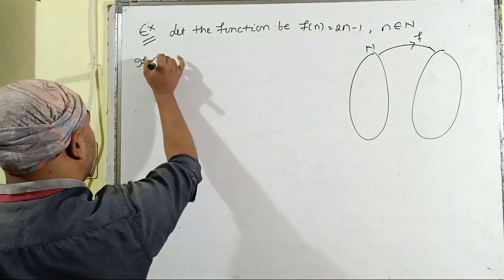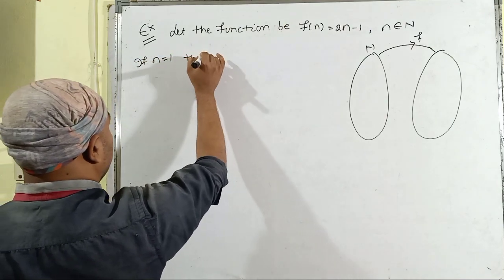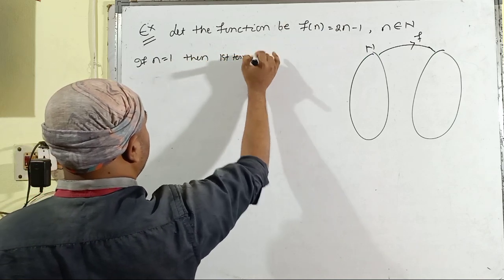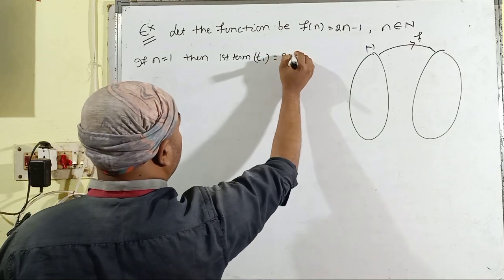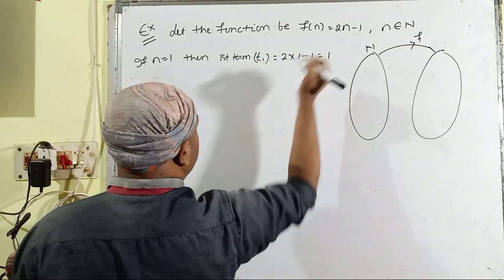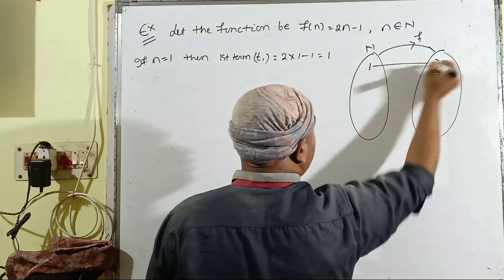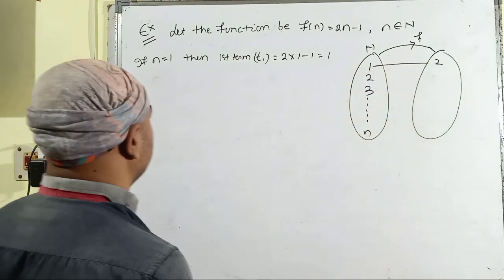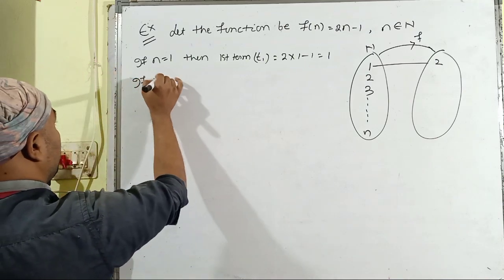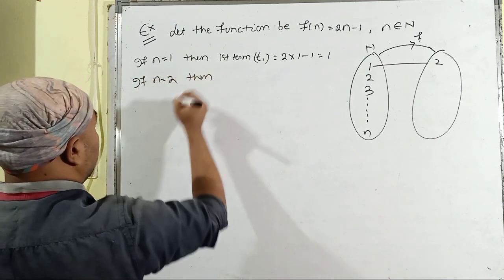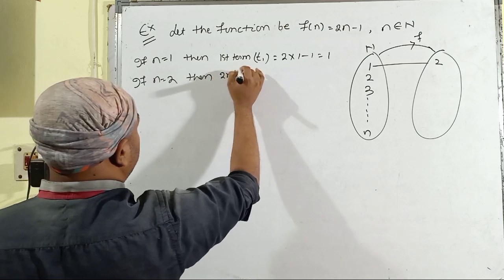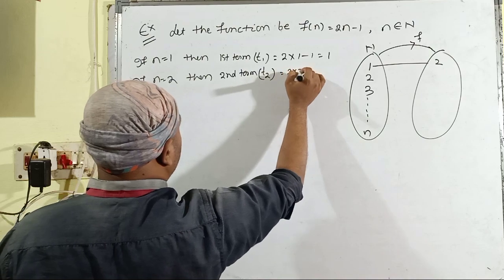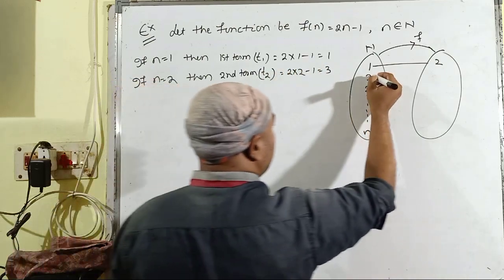If n is equal to 1, then the first term t1 is equal to 2 into 1 minus 1, that means 1. If n is equal to 2, then the second term t2 is equal to 2 into 2 minus 1, that is equal to 3.